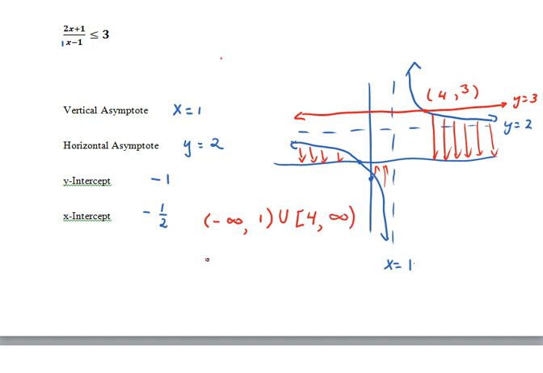So on the number line, we'll have an open circle at 1 and a closed circle at 4. We'll have a ray going to the left from 1 and to the right from 4.